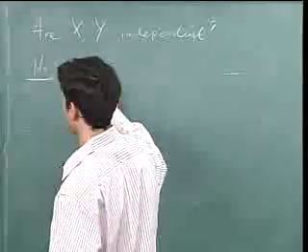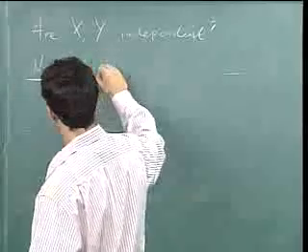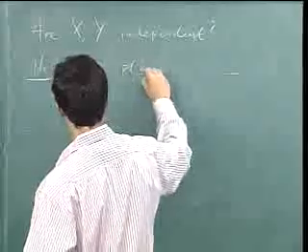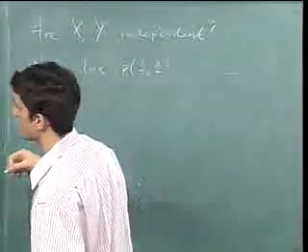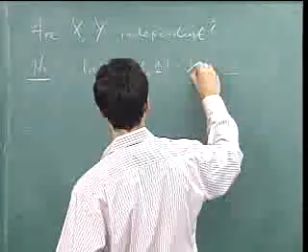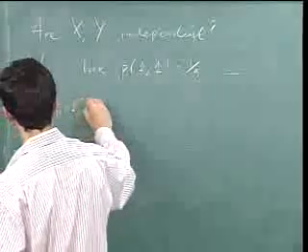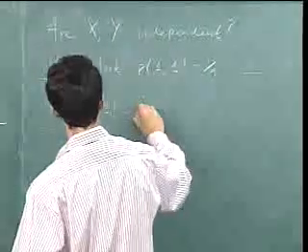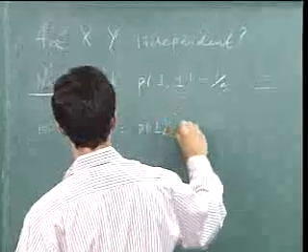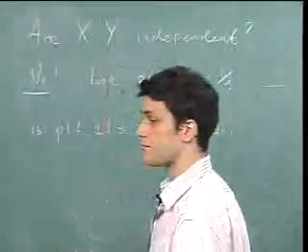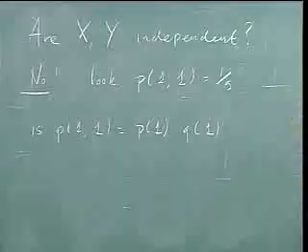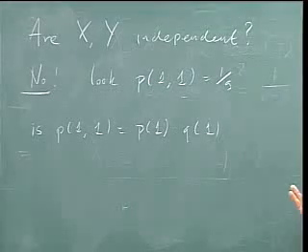Because we can just look at P11, which we know is equal to 1 over 9. And is P11 equal to P1 times Q1? Remember, that's a requirement for two random variables to be independent. The joint probability density has to be the product of the two individual ones.